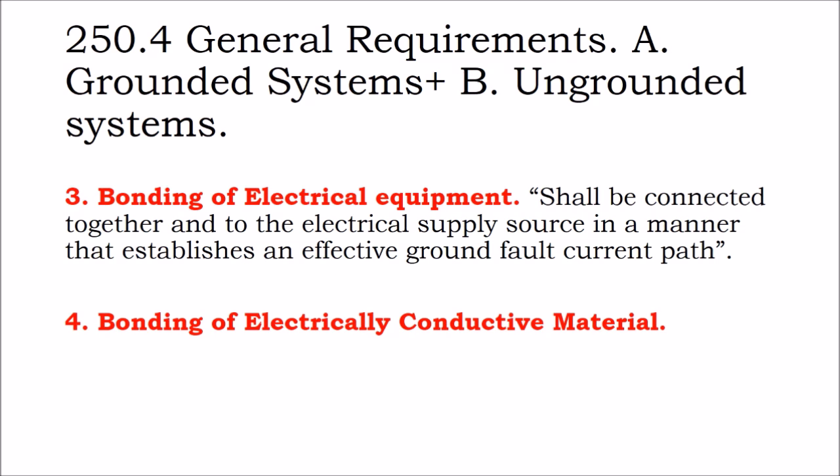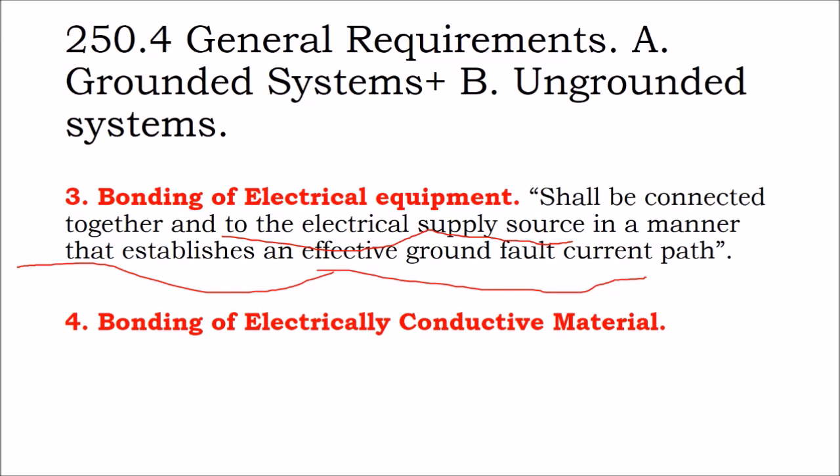The bonding of electrical equipment shall be connected together and to the electrical supply source in a manner that establishes an effective ground fault current path. So here we have a mandate that says you can't just touch a whole bunch of metal together and say that it's continuous. You have to have an effective ground fault path where all the pieces of metal are connected together and to the electrical supply source in a manner that establishes an effective ground fault path.